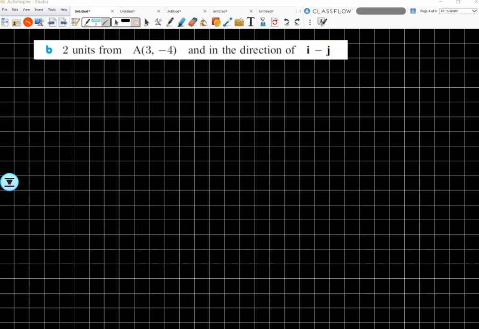Yeah. So this one, what's the whole point? What do you think they're trying to remind you of in this one? I and J. So you go, please, I know this. This is 1 minus 1. So it's going across and down. So here's A. We're heading off in this direction 2 units, but in the direction of 1 minus 1.